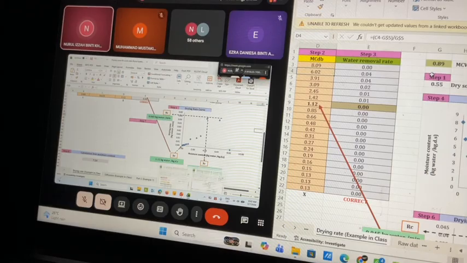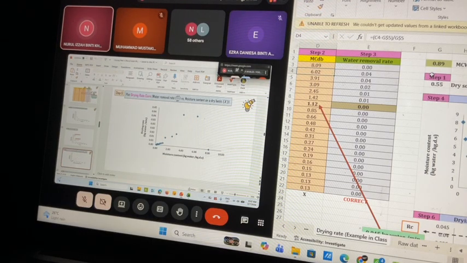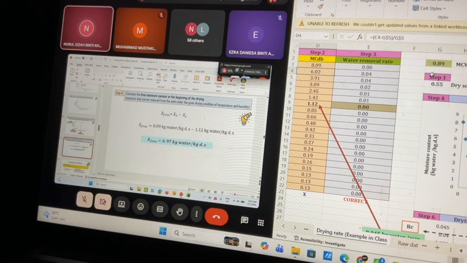Then you can see from our slide, the question also asks you to calculate the free water. This one is the formula.